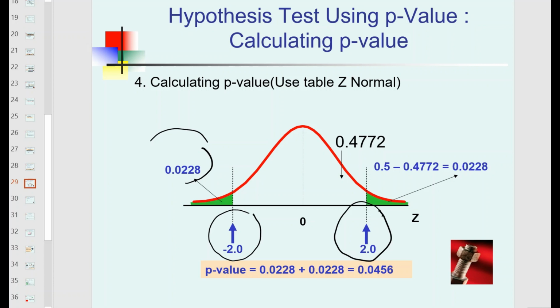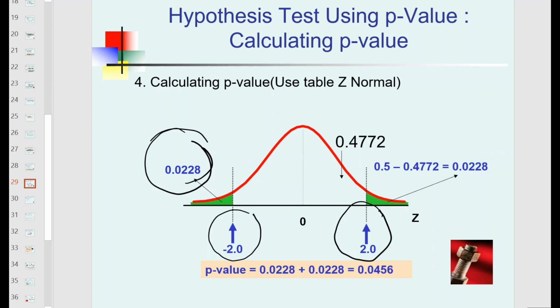Because this is negative 2.0, you look into the row of negative 2.0 and you'll get 0.0228. This is from the table.